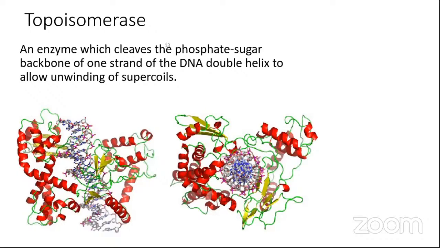Topoisomerases are enzymes which can cleave the sugar phosphate backbone of either one strand of the double helix or two strands of the double helix, which is done by topoisomerase 1 and topoisomerase 2, also called gyrase. This allows the supercoils to unwind so that the tension created by the unzipping of the DNA by the helicase is removed.